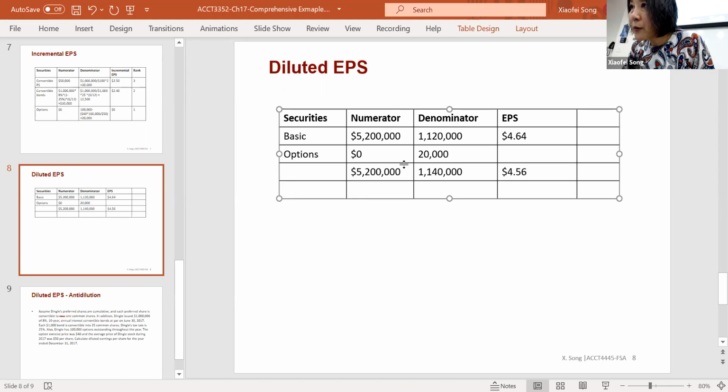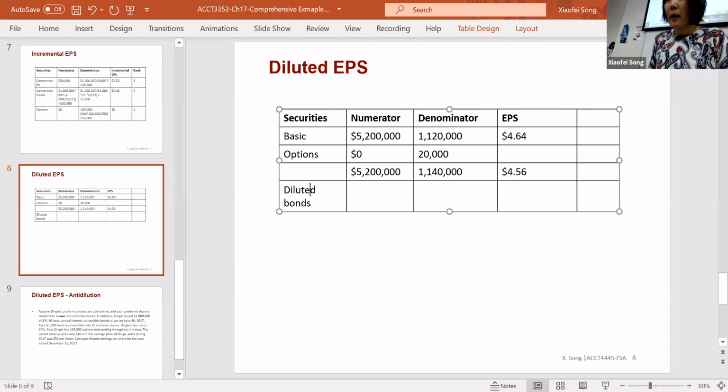If you want, you can put these things all together, but we need to read it carefully. This is the diluted earning per share with these adjustments. So this is the first stop. The second stop, we add in the one that ranked number 2, which is convertible bonds.